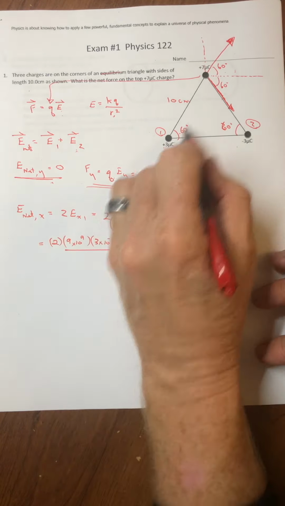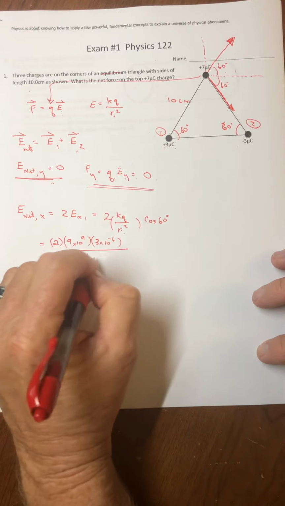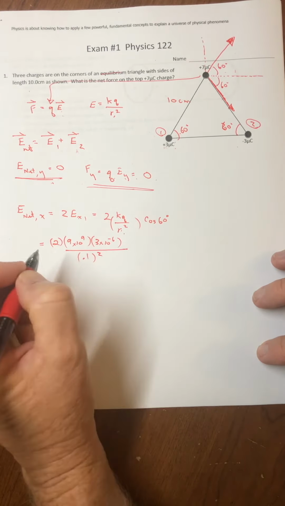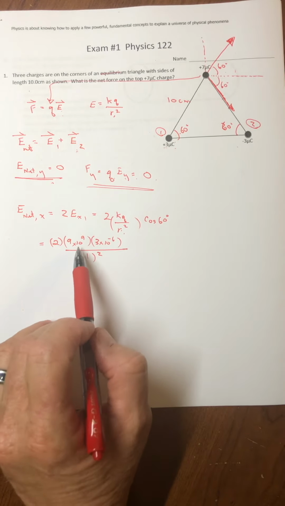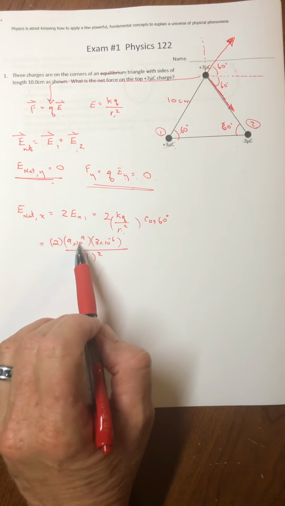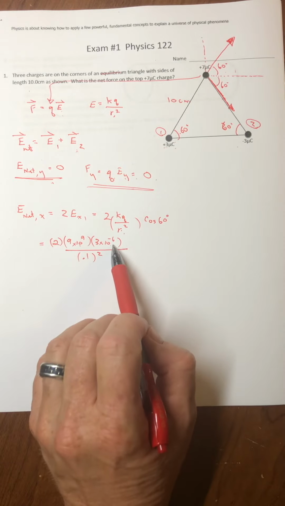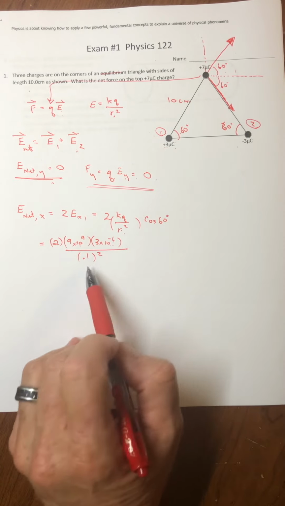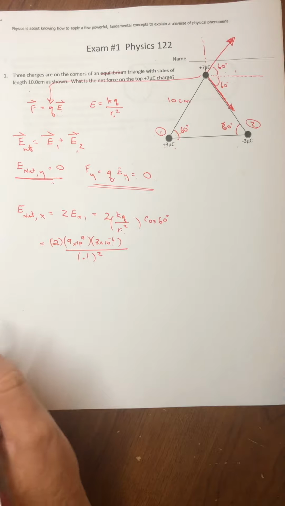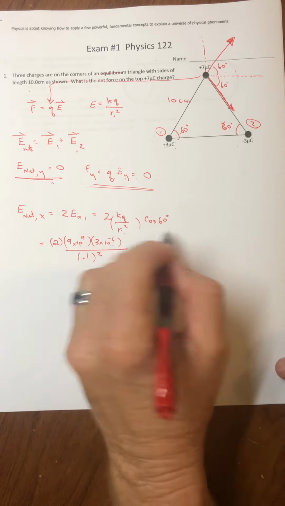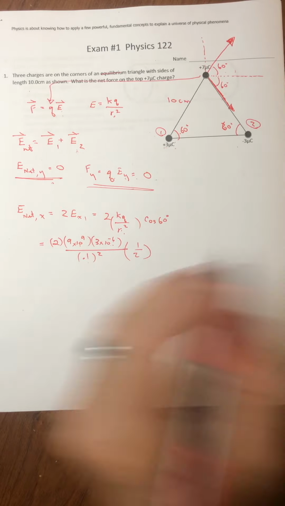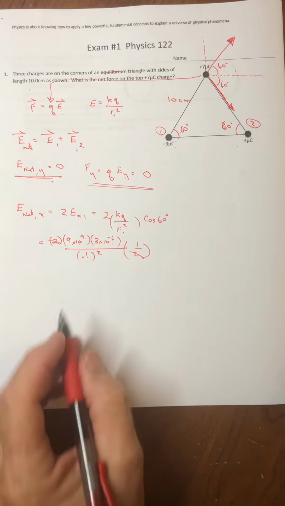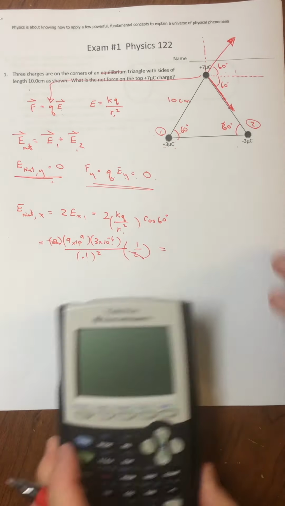The distance away in meters is 0.1 squared. And I know I didn't put my meters units in this equation, but again, this is in meters and in coulombs. So we need to make sure our charges are in coulombs and our distance is in meters. And then cosine of 60 is one of those easy ones. It's 1/2, and that actually simplifies a little bit there.